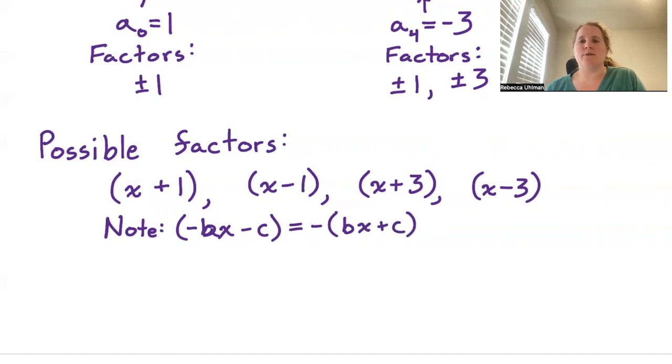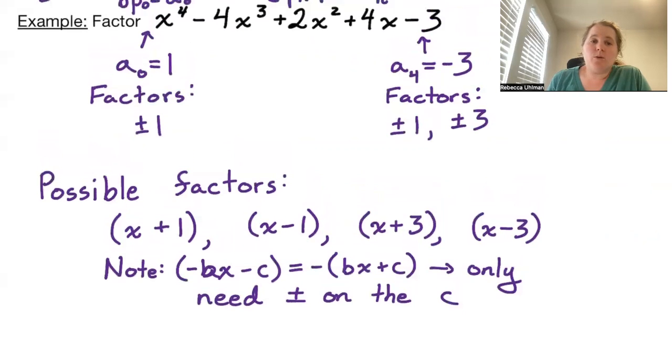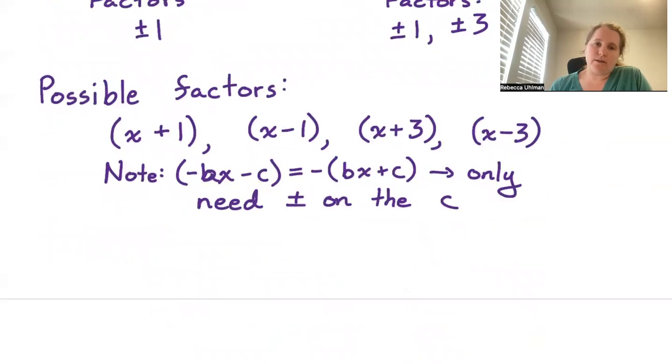So we only need to do the plus or minus on the c component. So we have 4 possible factors, and we just pick one and try it. Okay. So we'll just pick one of our factors to try.